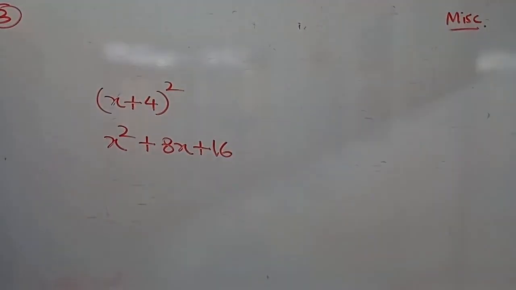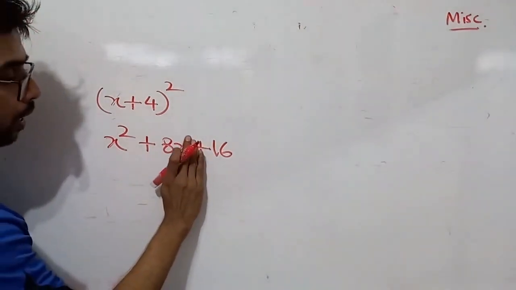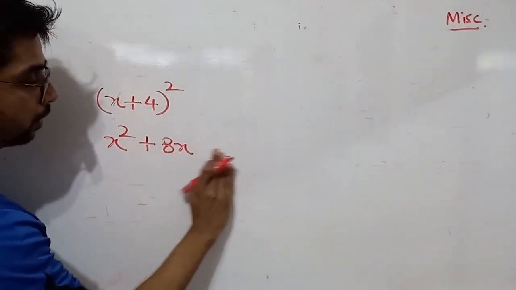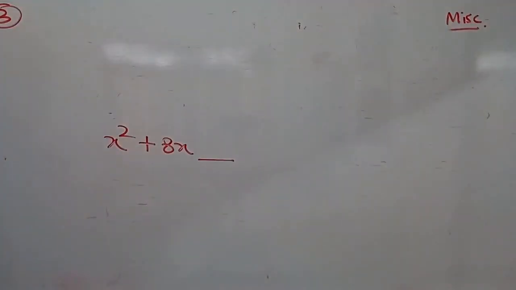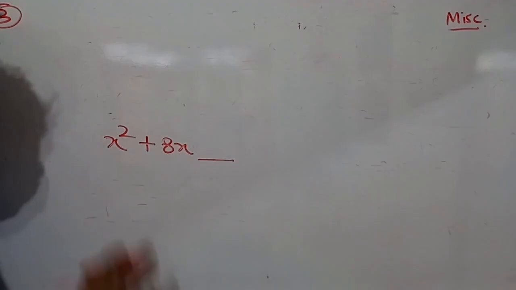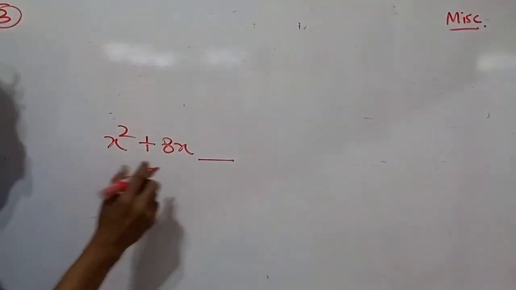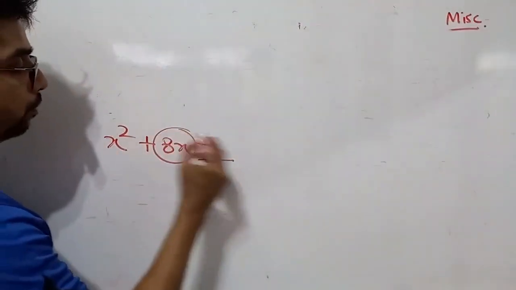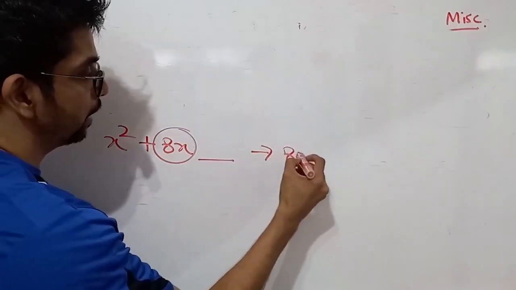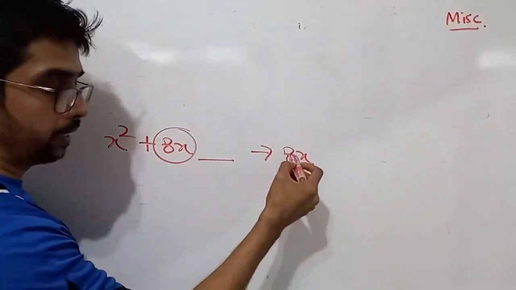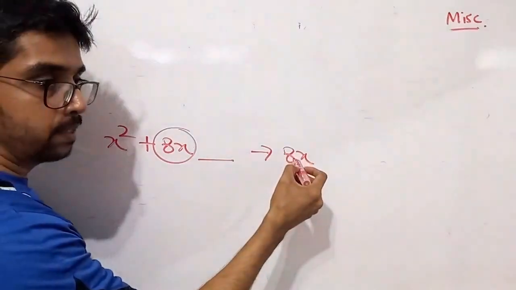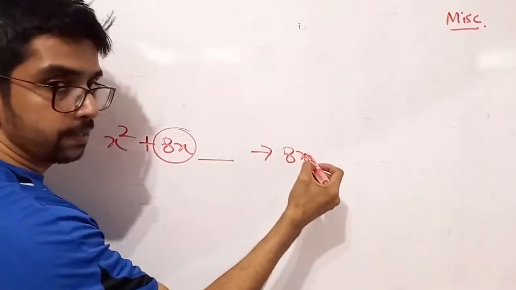Now imagine that you haven't been given the last term and also the binomial expression. Right? So how do we get the last term? You know this, we have discussed this. Right? So we will take the middle term, which is 8x. So the coefficient of the middle term is 8. That means the coefficient of x.